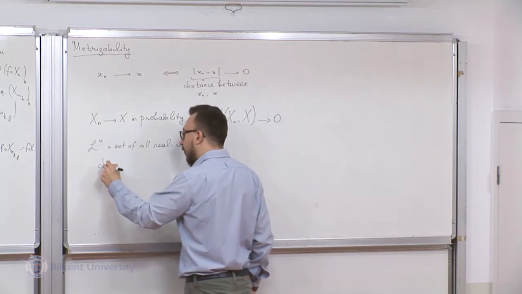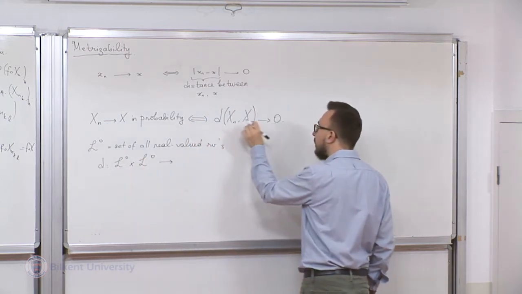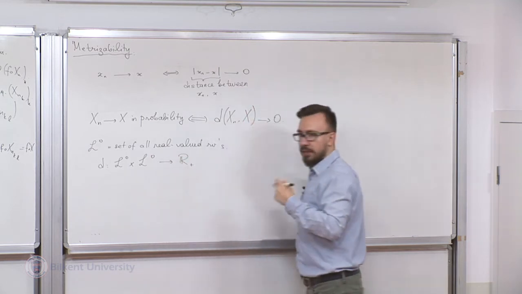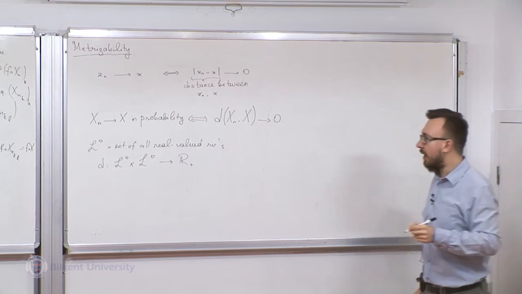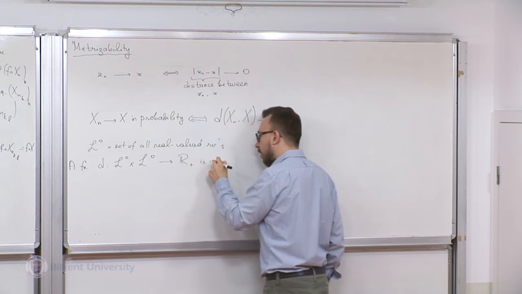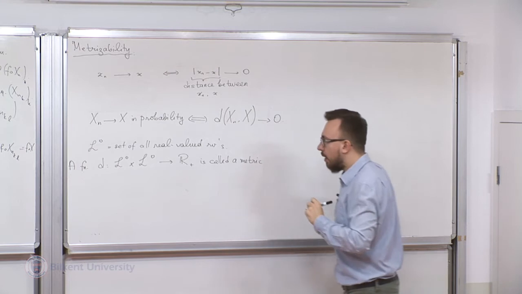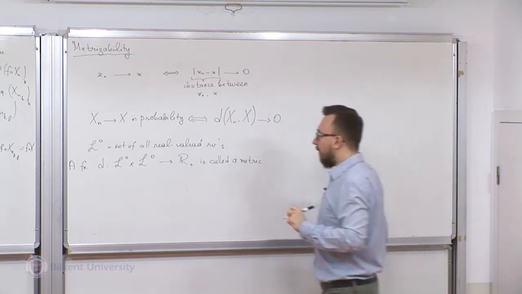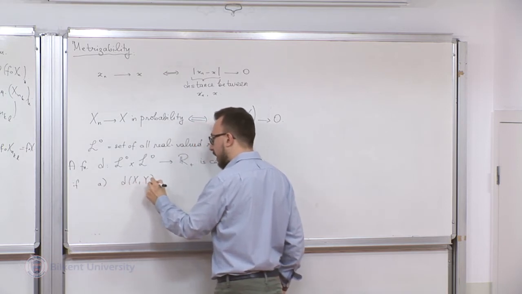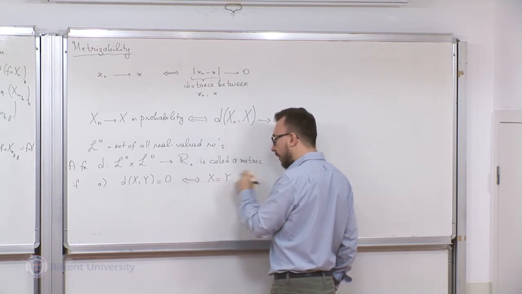Okay, so we would like to define a function on L0 cross L0, mapping into the positive real line, because that's going to be a distance, so it has to be positive, right? So a function d is called a metric. Many of you may know this definition. So if we have x and y, distance between x and y is 0 if and only if x and y are equal.